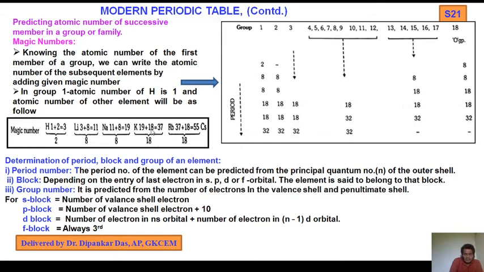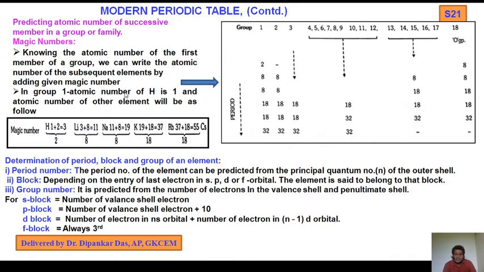Potassium 19 plus 18, 37, rubidium. Rubidium 37 plus 18, 55, cesium. So hydrogen, lithium, sodium, potassium, rubidium, cesium and so on.